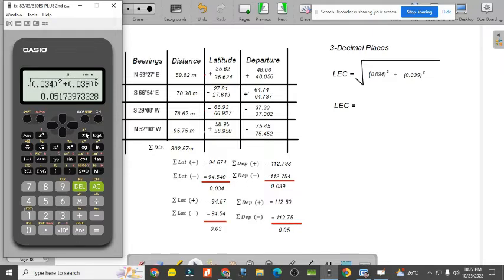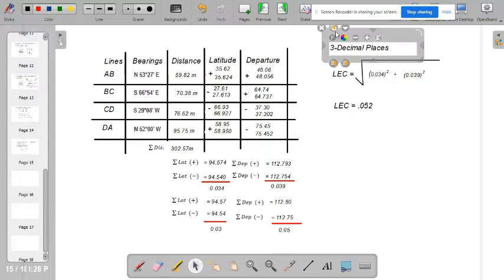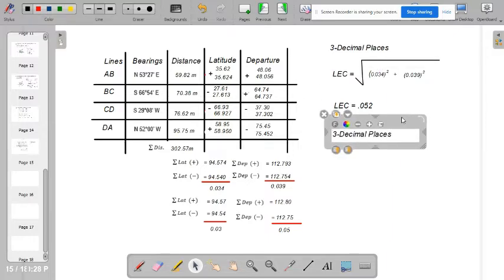Okay, so it gives us the answer of 0.052. That is the answer for the three decimal places. Now let's try the two decimal places.